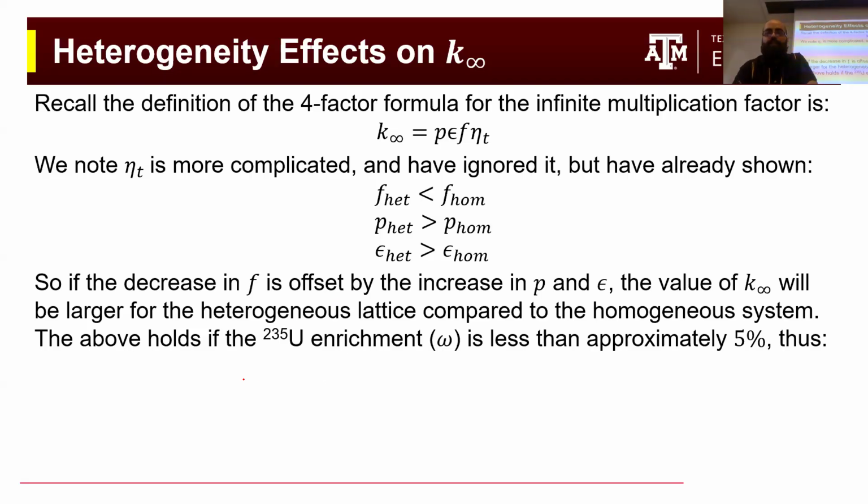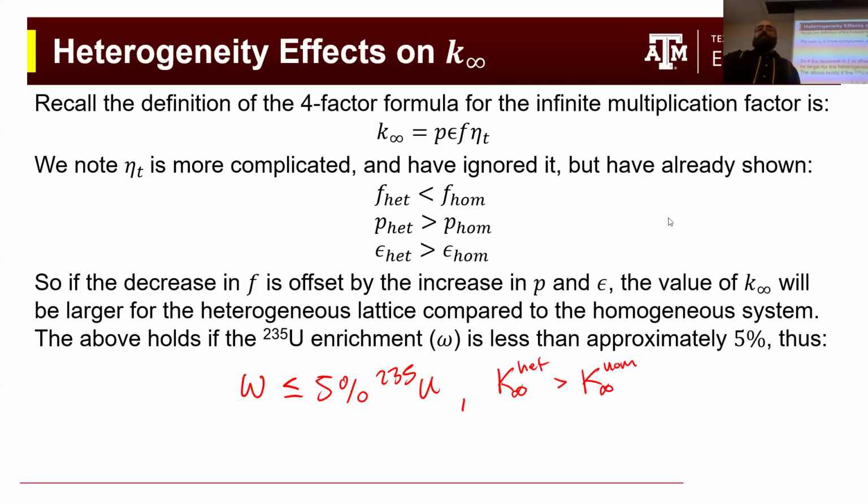So what we're saying is that if omega is our enrichment, if it's less than or equal to 5% 235U, then the K infinity for the heterogeneous configuration is going to be bigger than the K infinity for the homogeneous configuration.